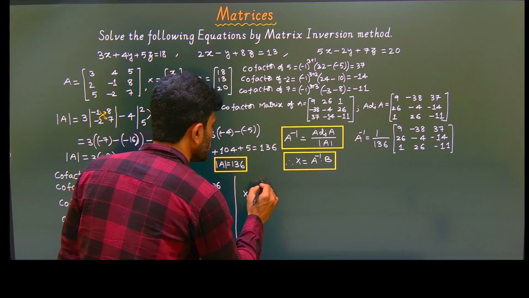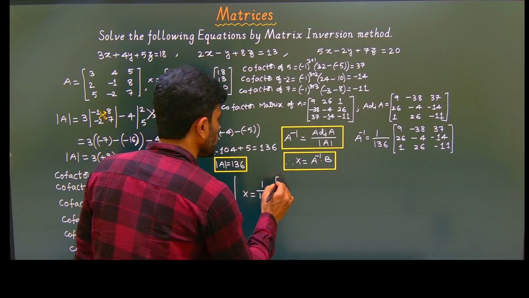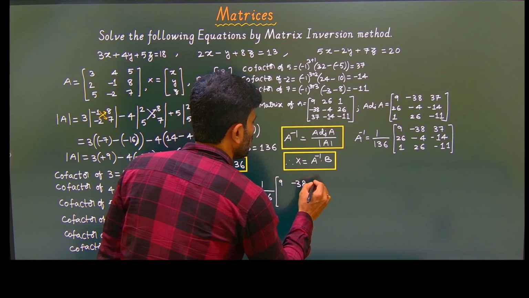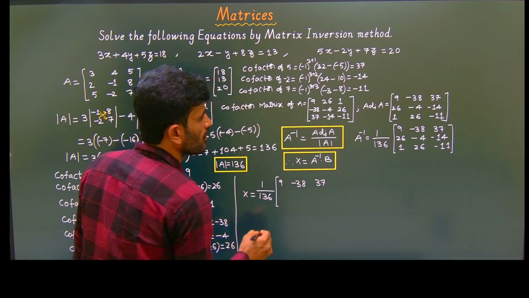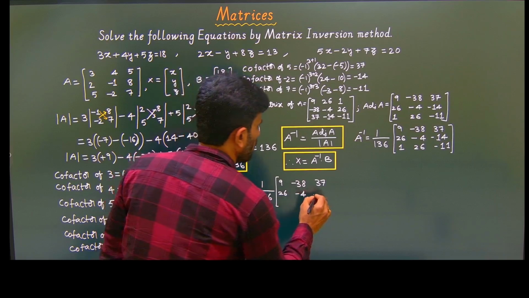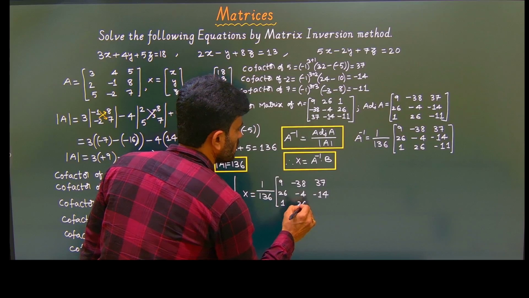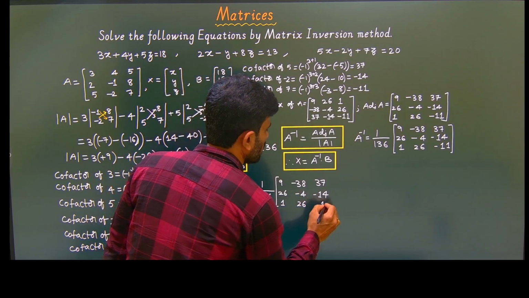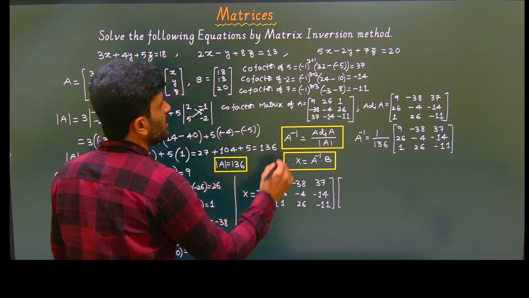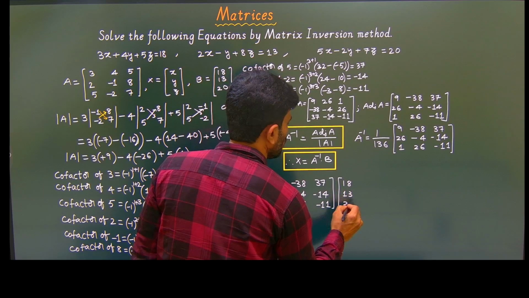X is equal to A inverse, which is 1 by 136 into 9, minus 38, 37, then 26, minus 4, minus 14, then 1, 26, minus 11, into B. In B what do we have? 18, 13, 20.